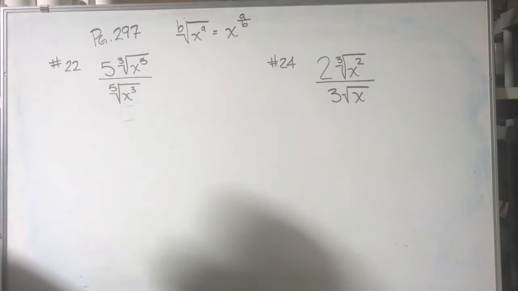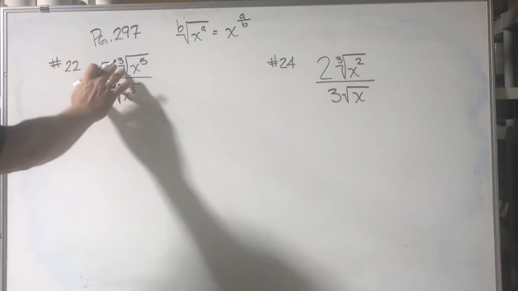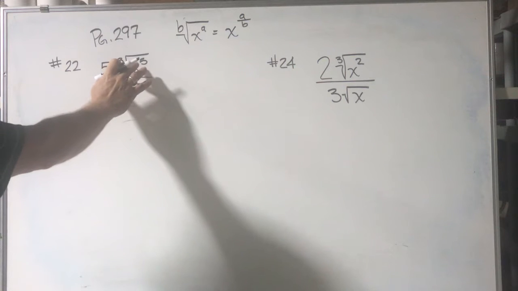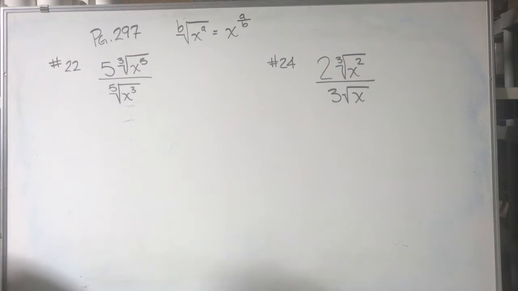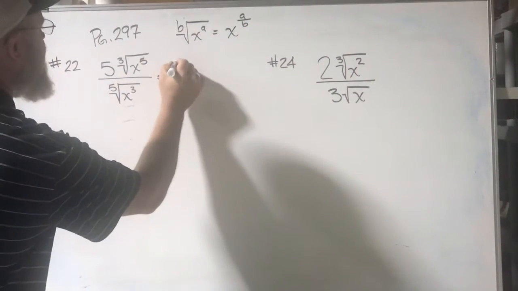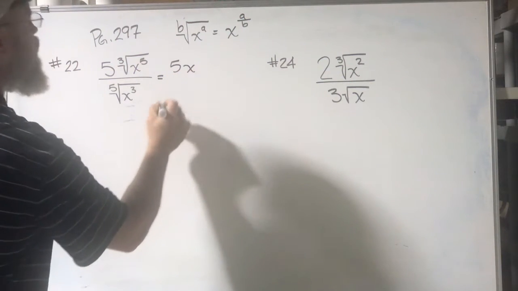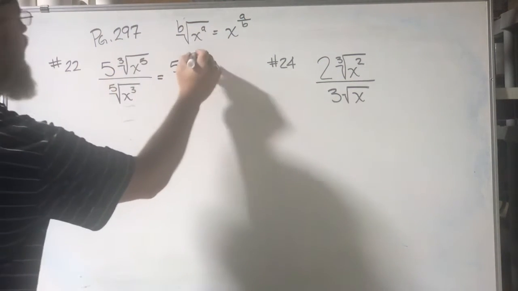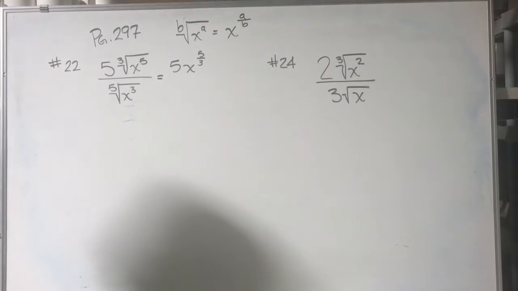So we have 5 times the cubed root of x to the 5th. So how can I write the cubed root of x to the 5th using this property? Well, I can rewrite it as 5 times x to the 5 over 3 power.